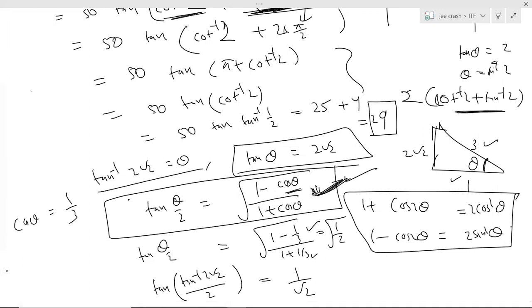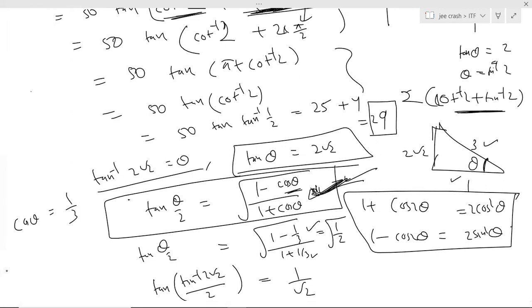So again, this is not very difficult, but this can be a bit lengthy. But I also believe if you know how to solve, then you can solve it in under 2 minutes. You just have to know the formulas.